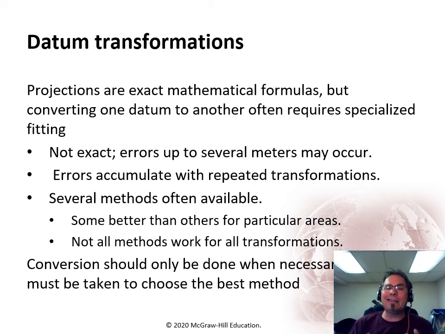Technically, it's a two-step process, although they've made it much easier, and it's a one-step drop-down now, of course. But you have to be careful with how you do it, and how many times you do it, because any errors that might be introduced into the transformation can compound themselves.